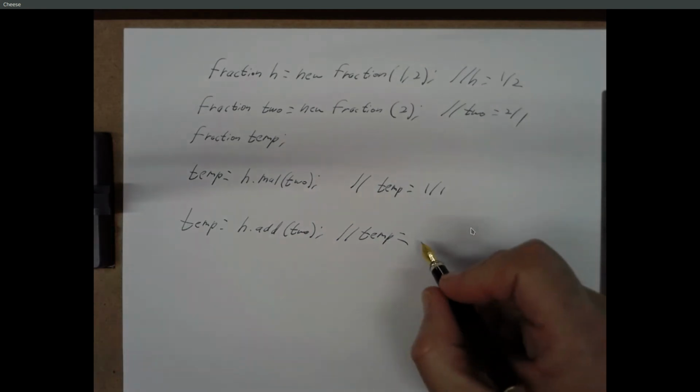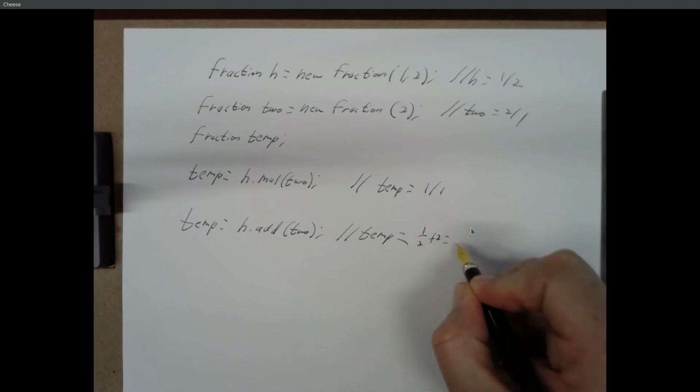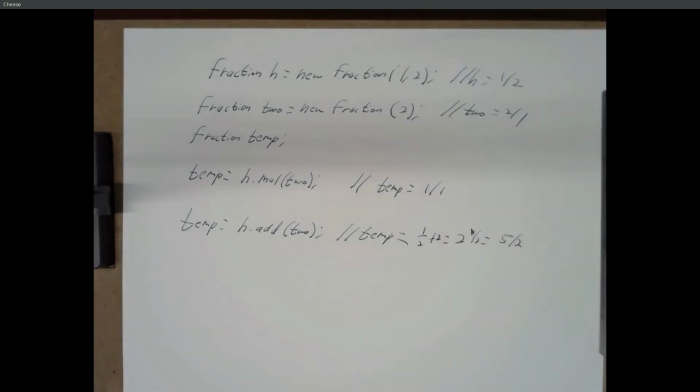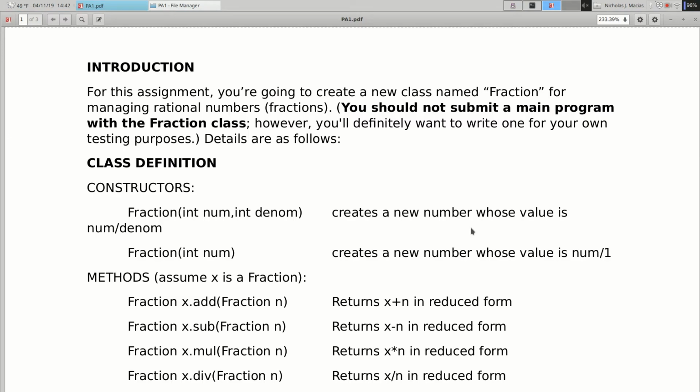So 5 over 2. 5 over 2. Cool. So these add, subtract, multiply, divide functions are always returning new fractions, which are equal to the result of doing whatever the corresponding arithmetic operation is.